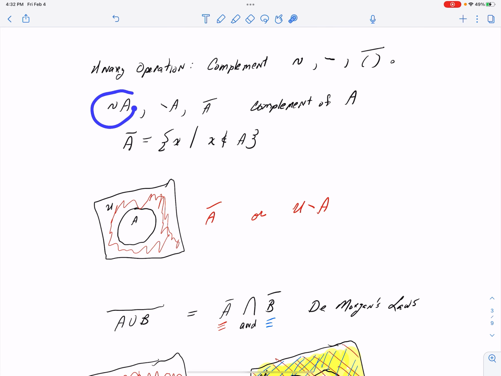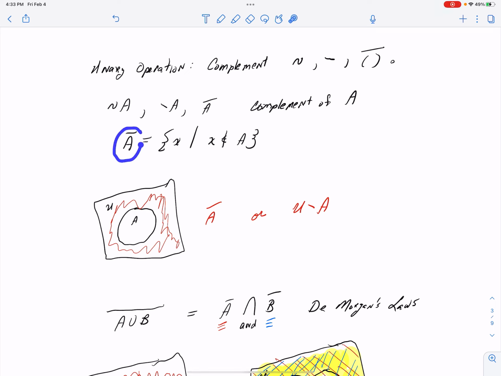So twiddle A or slash A or A bar all mean the complement of A, depending on which book you happen to pick up. I'll go with the notation that your book uses.